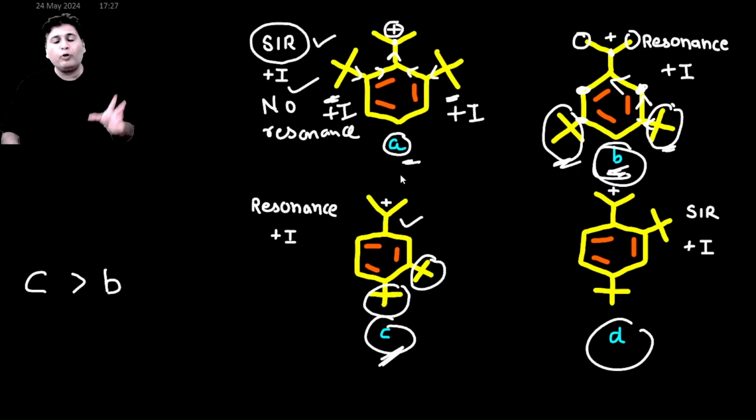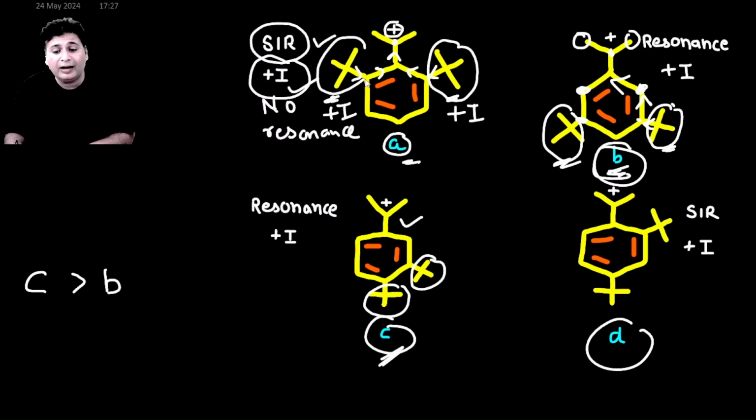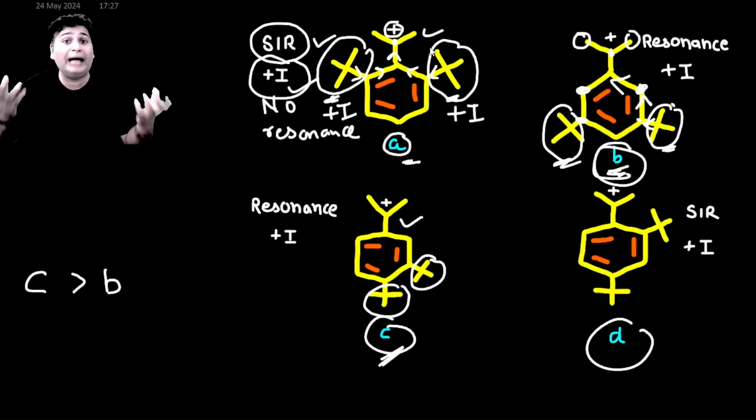Now A and D are both devoid of resonance, so resonance is not going to play the decisive role here. What is going to be decisive in these two cases is the inductive effect. In case A, the two tertiary butyl groups are nearest possible to the carbocation, so they can help through inductive effect in the highest manner.